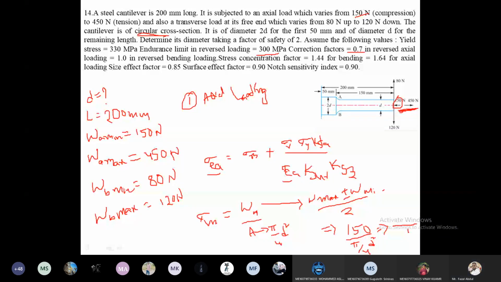Now, very good. The next thing is the variable stress. Variable stress is variable load by area. What is the variable load? 450 minus, into minus, plus 450 plus 150 by 2 means 300. 300 by pi by 4 into d square.